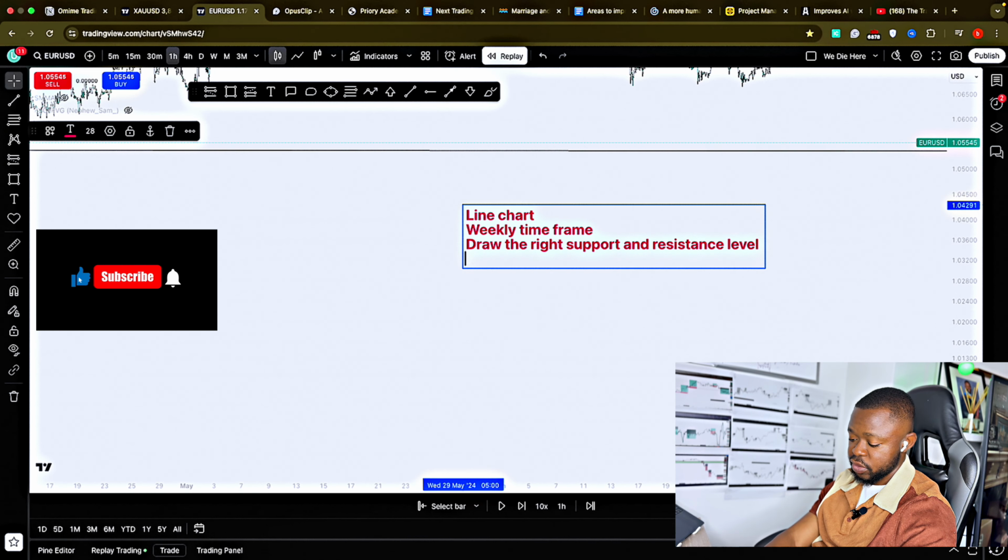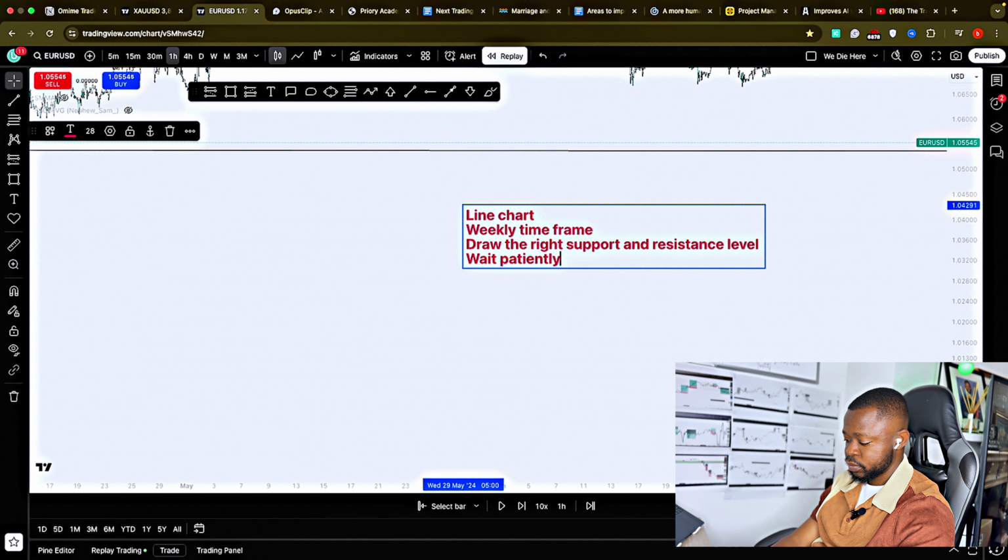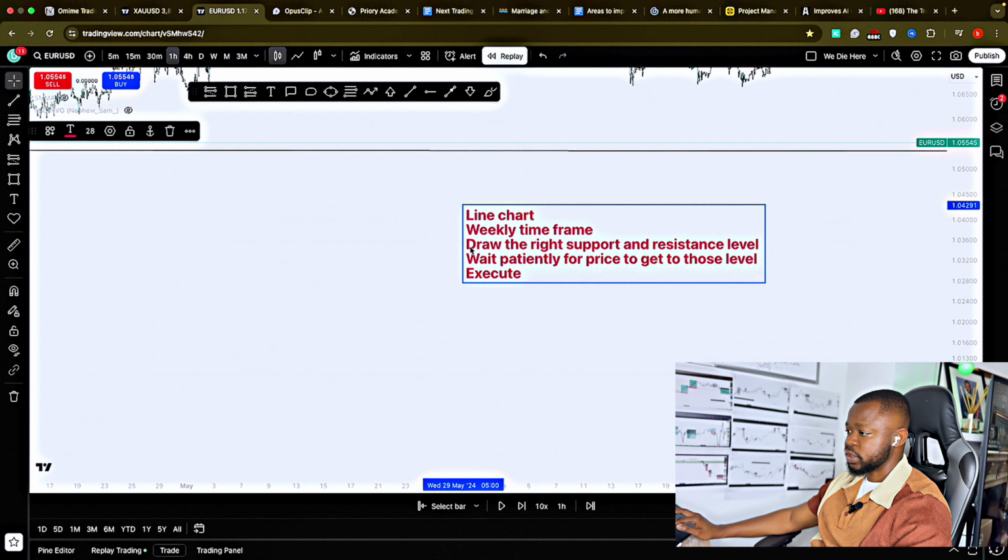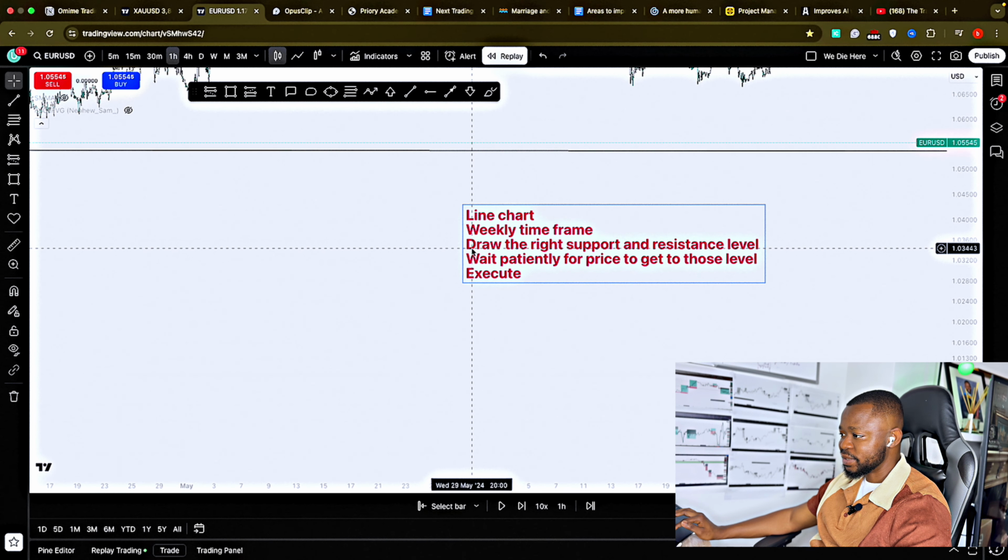Then all you need to do now is just wait patiently for price to get to this level. Then execute. So this is just a simple 5 outlined steps.